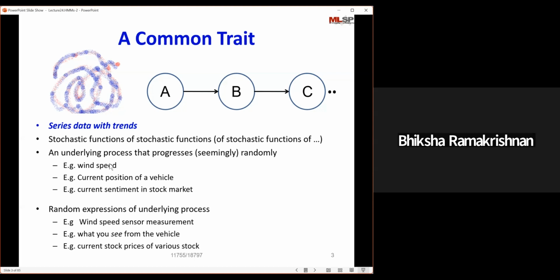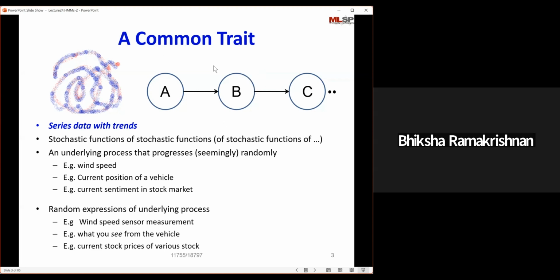First, you had an underlying process that seemingly randomly changed the wind velocity in our example. And then you had a second level process, which was also a random process, the position of the arrow.